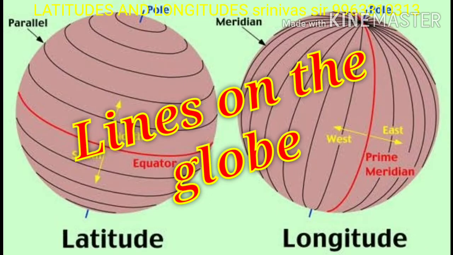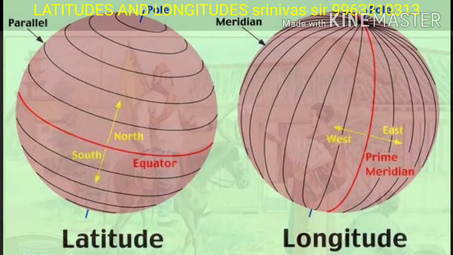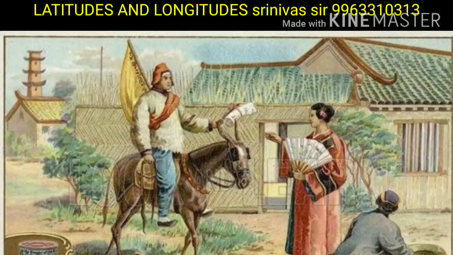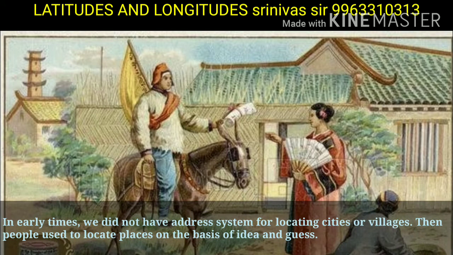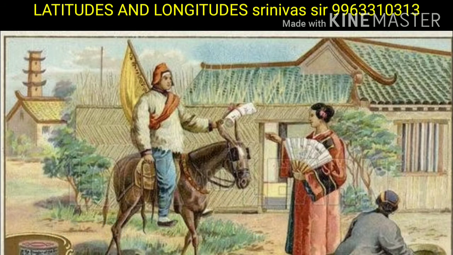Lines on the globe. In early times, we did not have address system for locating cities or villages. Then, people used to locate places on the basis of idea and guess.